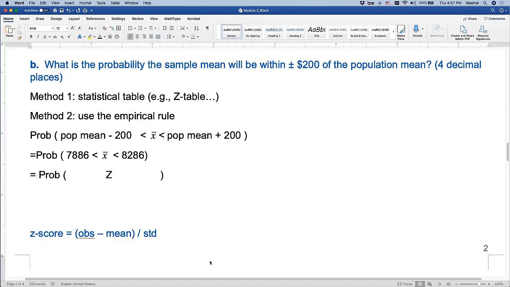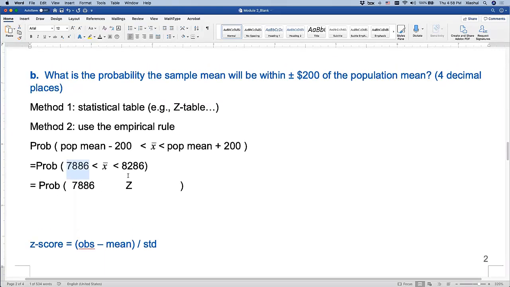Okay, so now you want to focus here. What is the observation here? This is the observation, right? So I'm going to plug in a number here. I'm going to use 7,886 over here. Where did you get those numbers? 7,886 and 8,286. Good question.